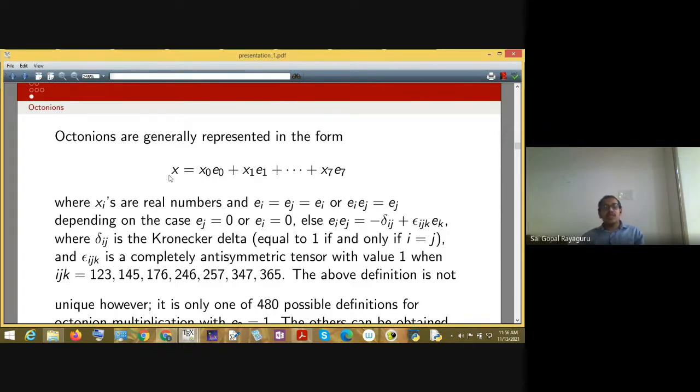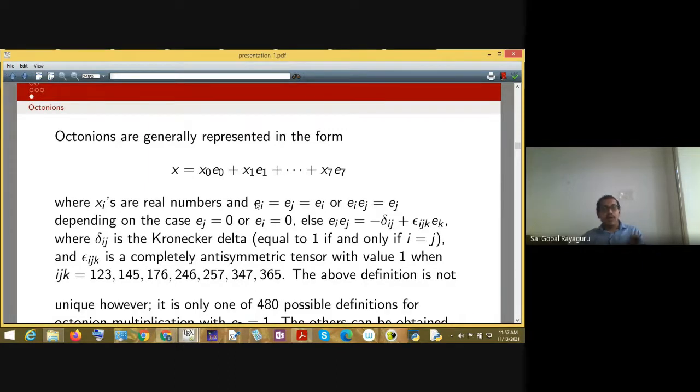So in octonions, x can be represented as x naught e naught plus x1 e1 up to x7 e7, and these xi's are all reals, because we are taking the real numbers and simply extending the dimension.